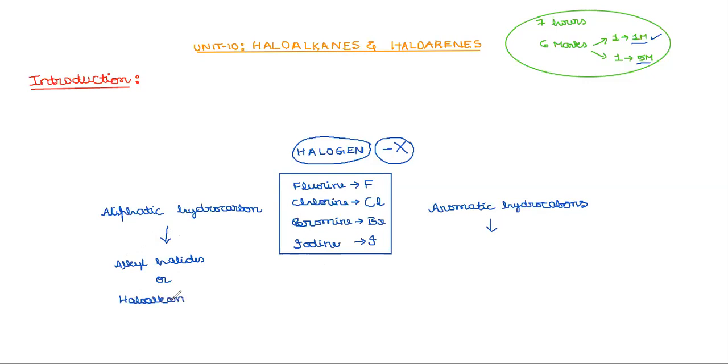Similarly, if one or more hydrogen atoms of an aromatic hydrocarbon are replaced by halogen atoms, then it is called aryl halide, or haloarene.